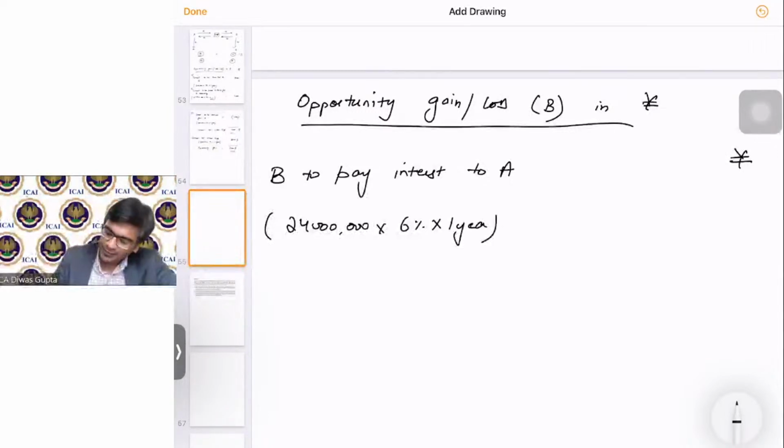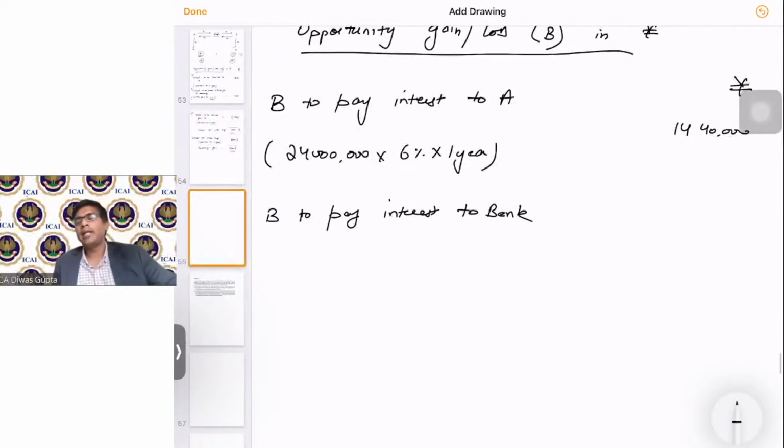So this is 14.40 lakhs. So this is essentially 1.44 million. Okay. B to pay interest to bank. Now, in which currency B has taken a loan?